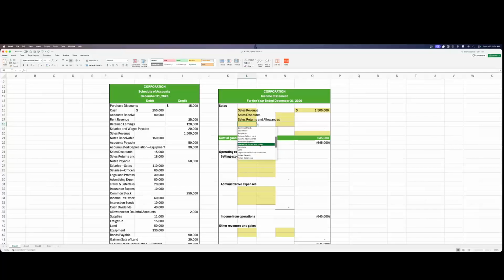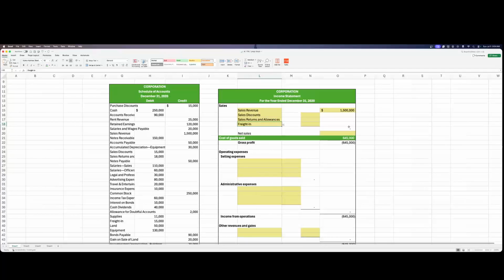You most likely won't see this very often, but also there's freight-in cost. So sales discount is 15,000, sales returns and allowances 18,000, the freight-in cost 15,000.